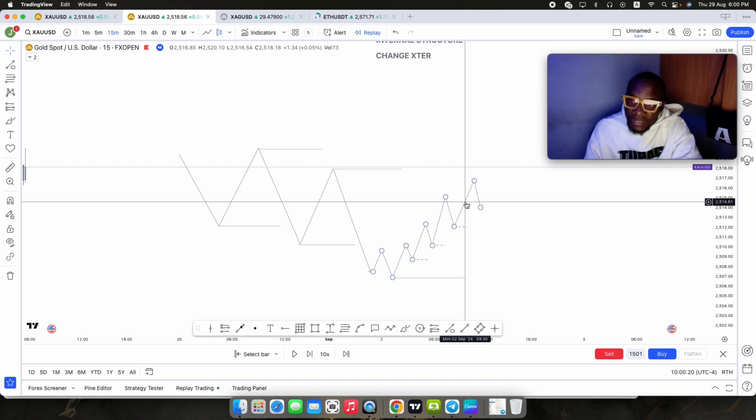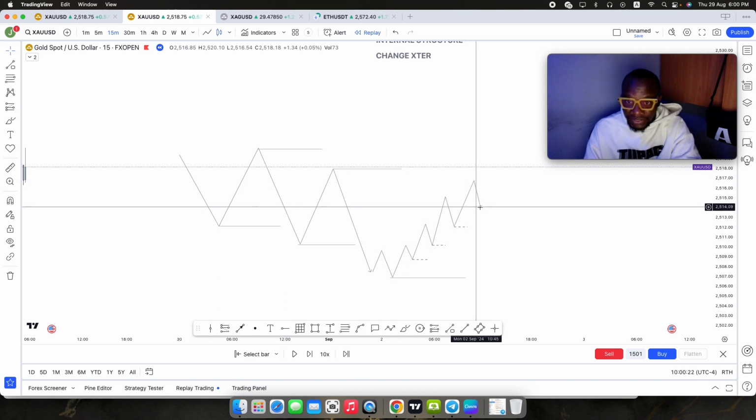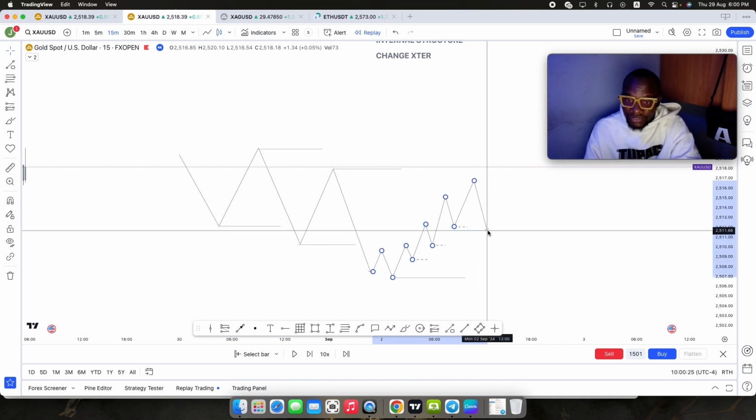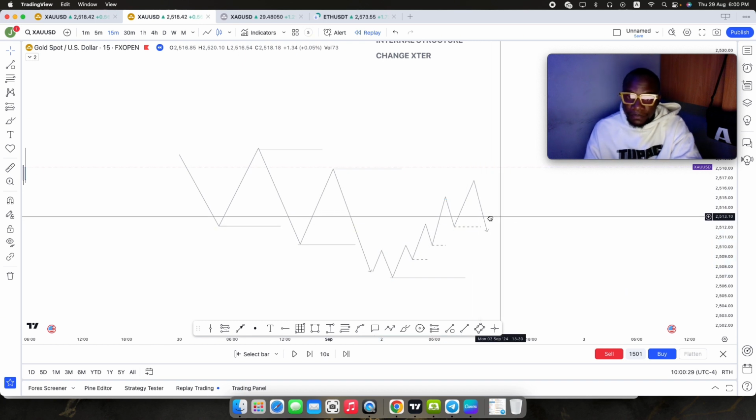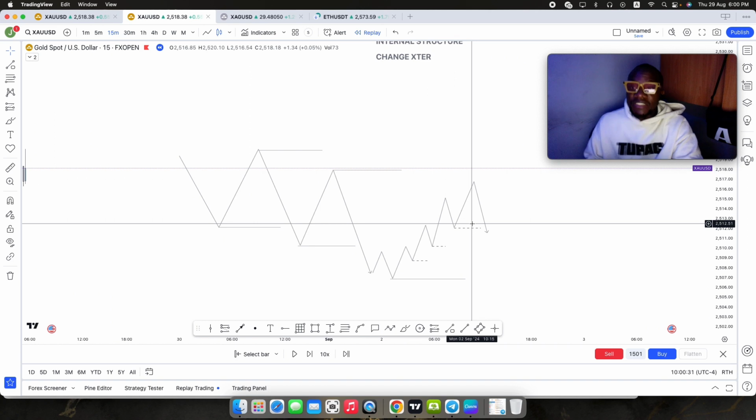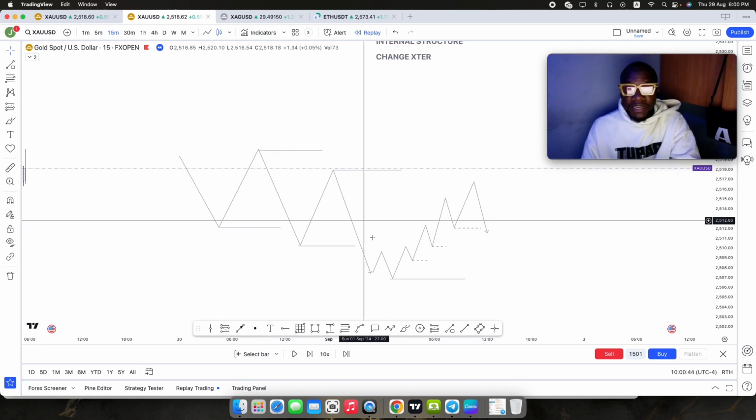Now, the only thing that will violate this bullish is if the internal trend comes to take out this internal low. This is when we'll say that the market is about to pull back. Then it's about to align with the major structure. Because now when you look at it, we are on a bearish move.